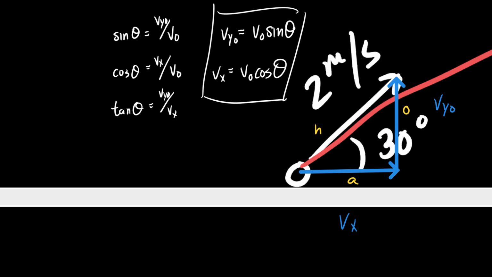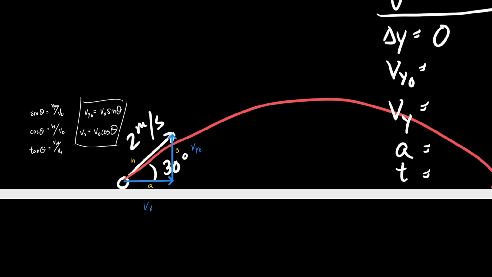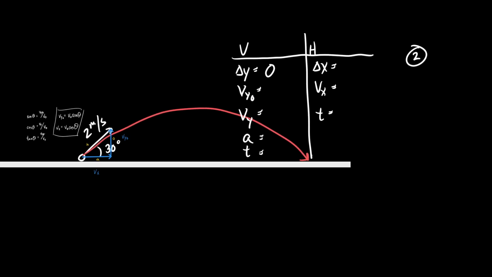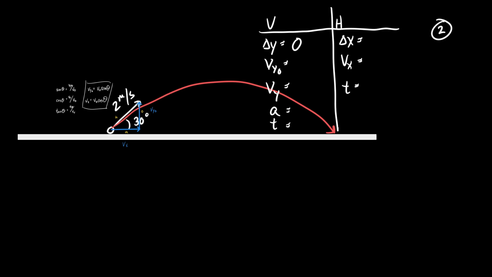But you'll still need to be good at trig, because we're going to do other triggy things. But I am just going to write in here V naught sine theta and V naught cosine theta, as a means of driving home, you could memorize that for now.